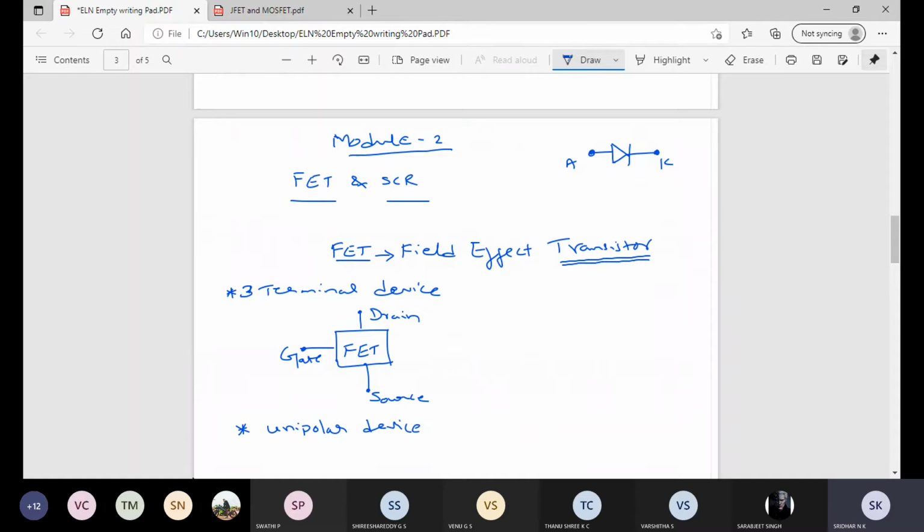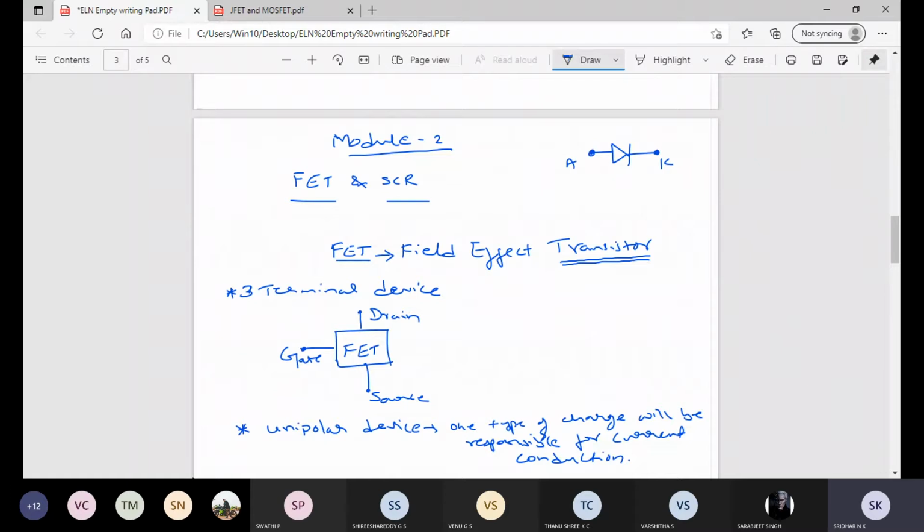Only one type of charge carriers will be responsible for current conduction. That is called unipolar. Unipolar means single type of charge carriers, that is either electrons or holes, will be responsible for conduction of current.